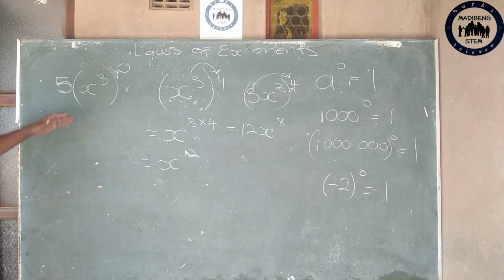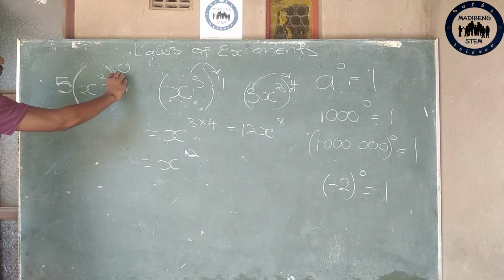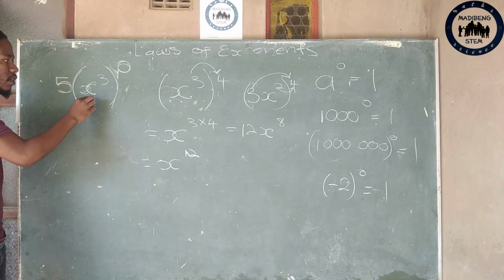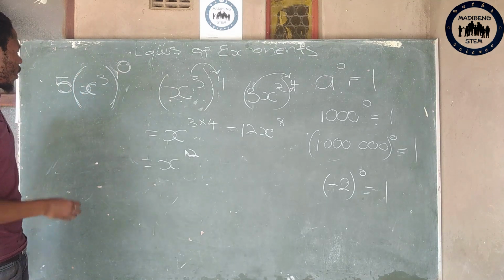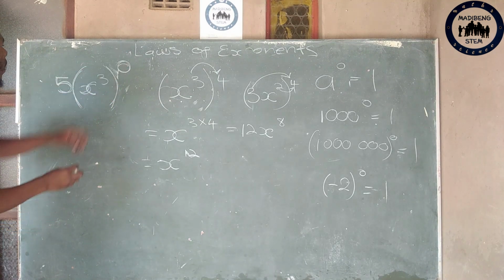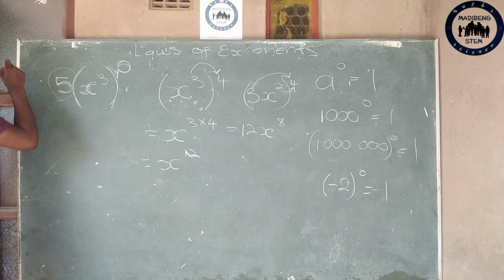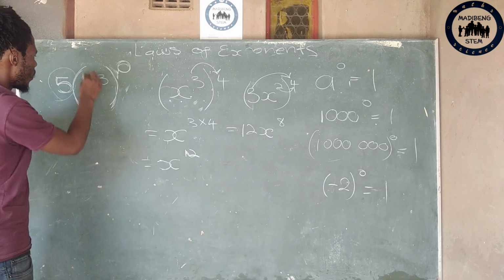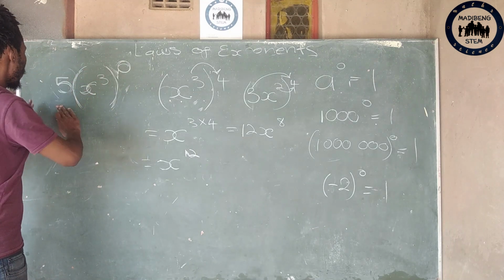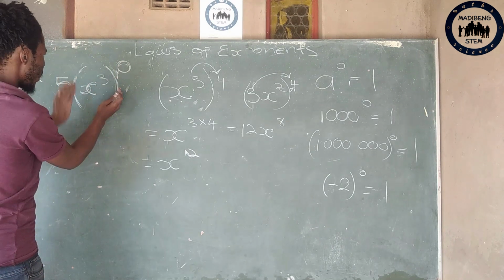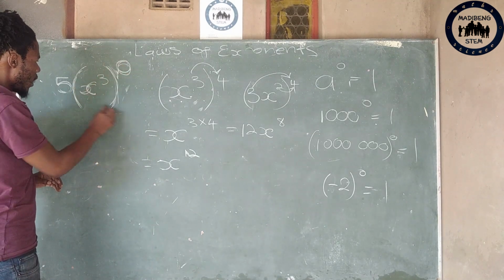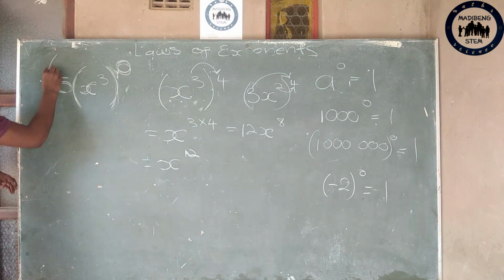So here, this 0 is an exponent of this x to the exponent of 3. It doesn't apply on this coefficient. It only applies here, because you see we have opened this bracket and you can see clearly that this 0 is an exponent of this x cubed, not the whole term.